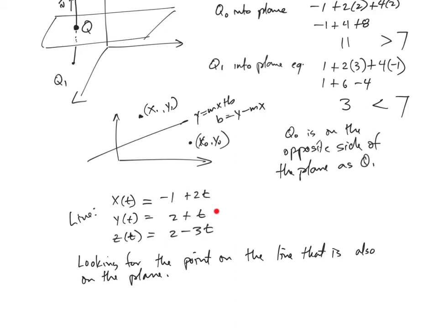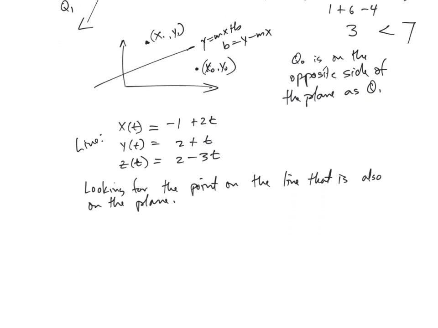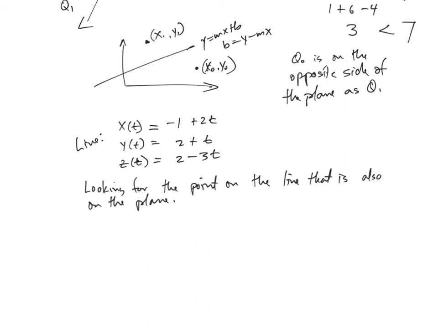This point on the line has to satisfy the plane equation, for this one point here that's on the line and on the plane. The coordinates of this point Q have to satisfy the line equation and the plane equation at the same time. So all we have to do is put the line equation into the plane equation.